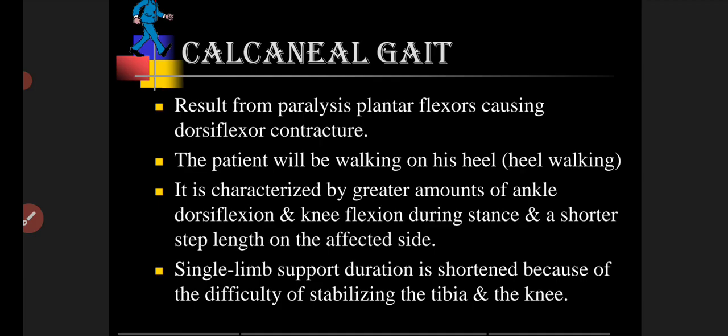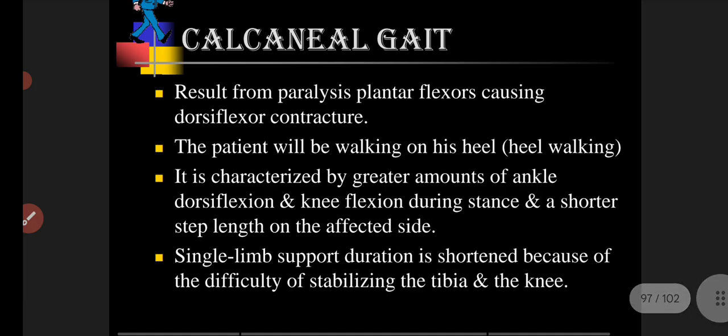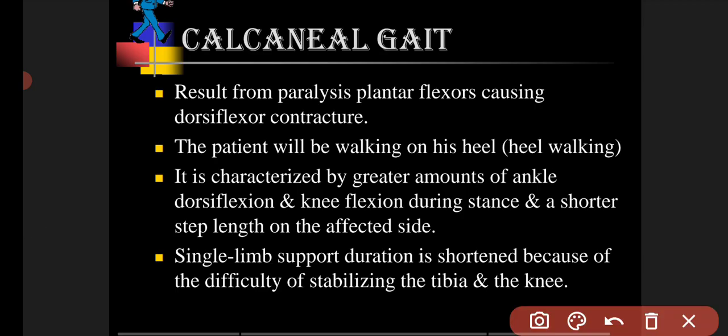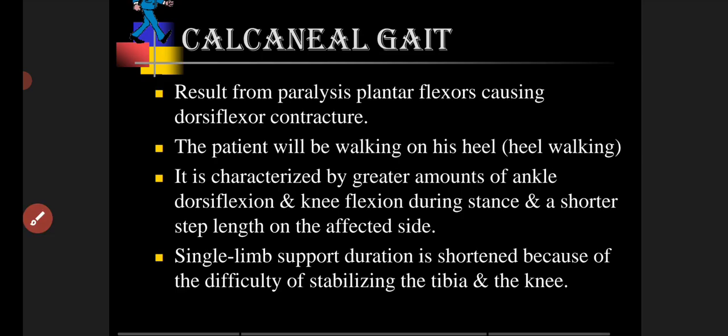It is characterized by a greater amount of ankle dorsiflexion and inflection during the stance and a shorter step length on the affected side. Single limb support duration is shortened because of the difficulty of stabilizing the tibia and knee.